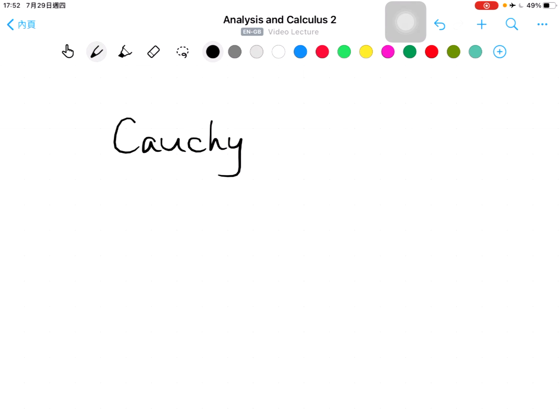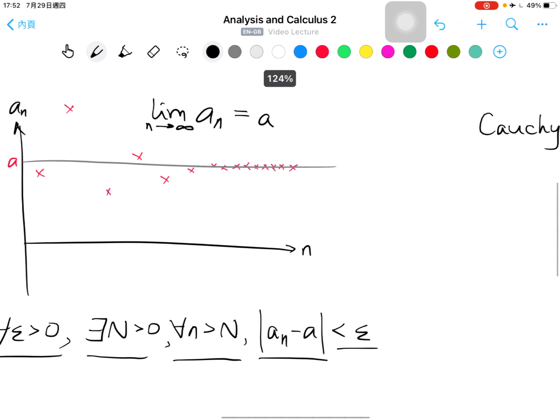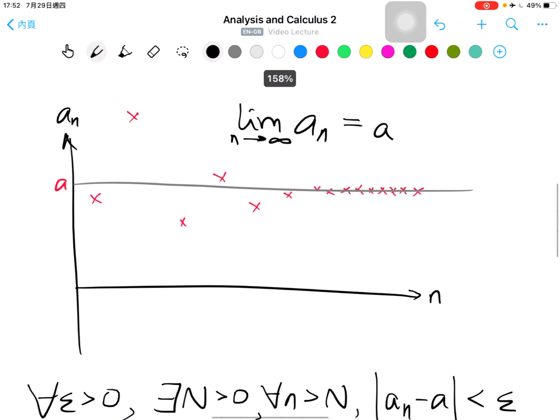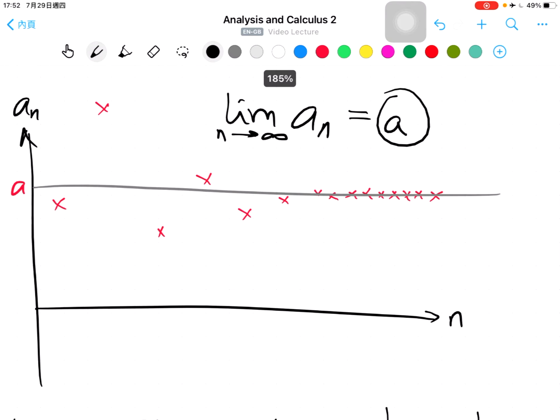He says that for a sequence to have a limit, now let me just do some terminology. That a limit exists means it's converging. A sequence converges means there is a number a such that we have this limit. We can find a number a such that it's the limit. That means it converges, all right?